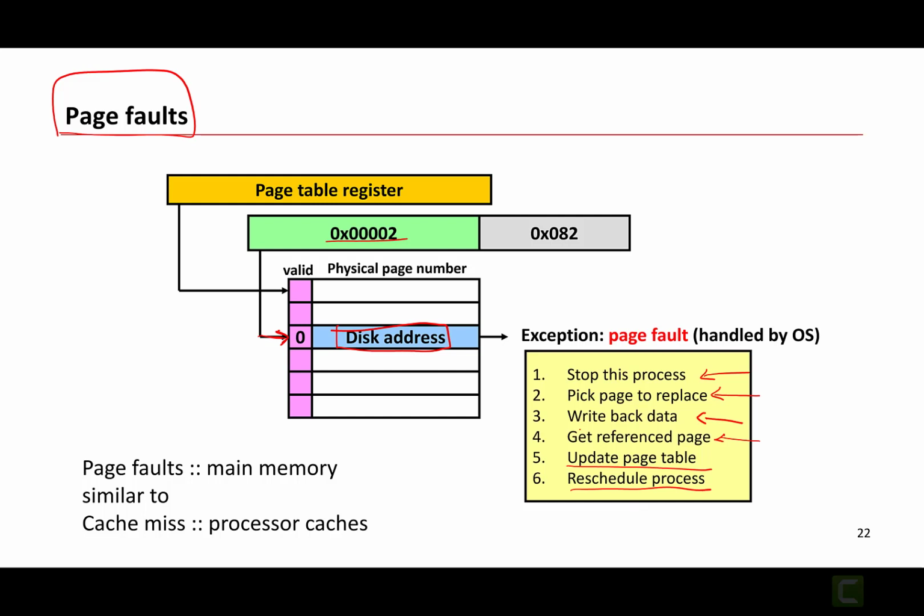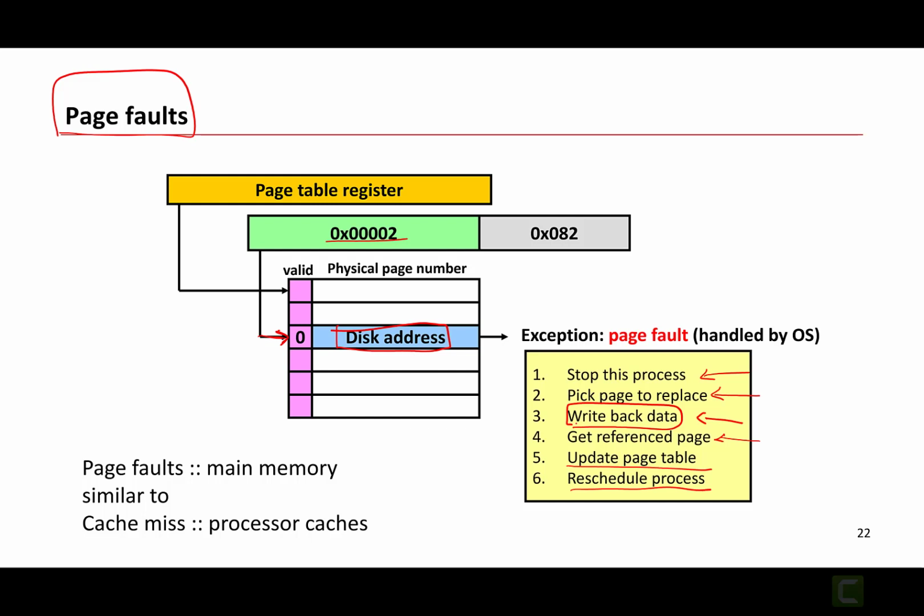So when you say write back the data, the operating system will hand over the control to DMA and schedule some other process to use the CPU in the meantime, so that the hundreds of thousands of cycles that go into writing or reading data from the hard disk do not hold up the CPU from doing useful work.